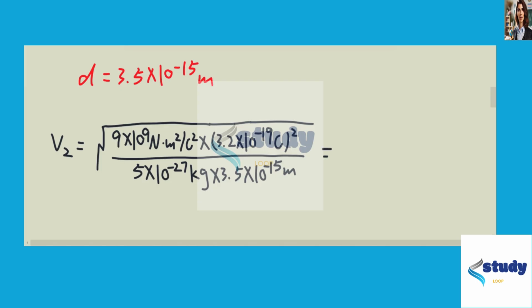This gives us v2 of about 7.26 times 10 to the power 6 meters per second.